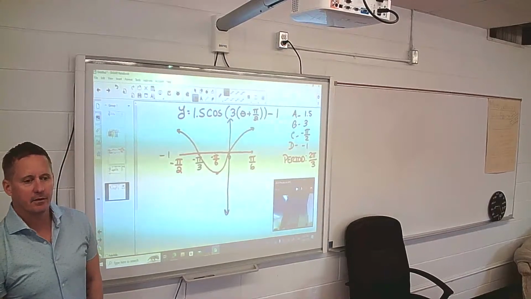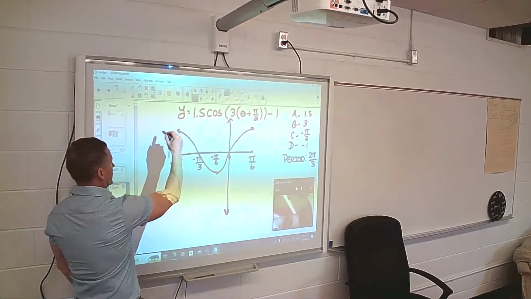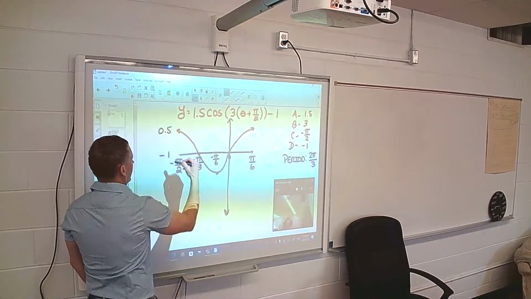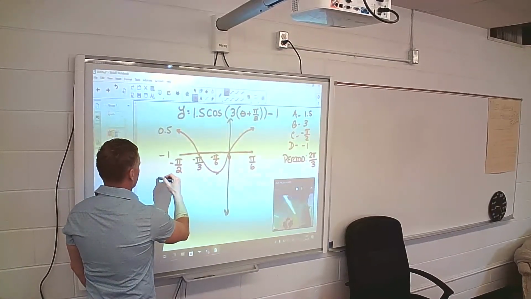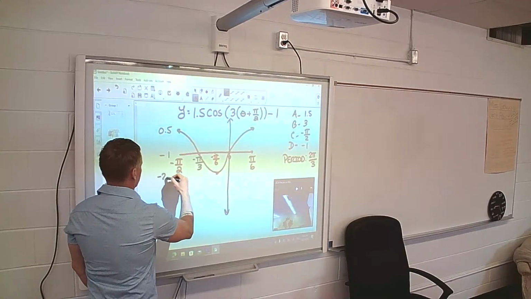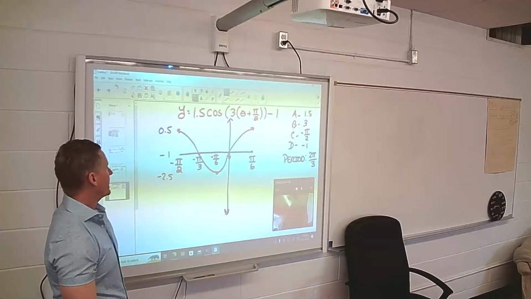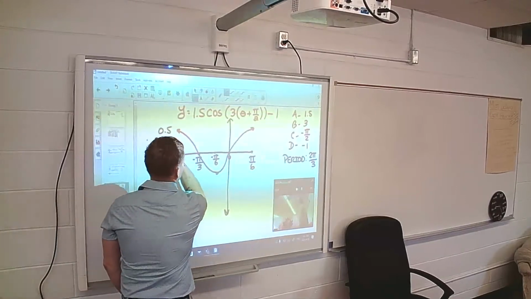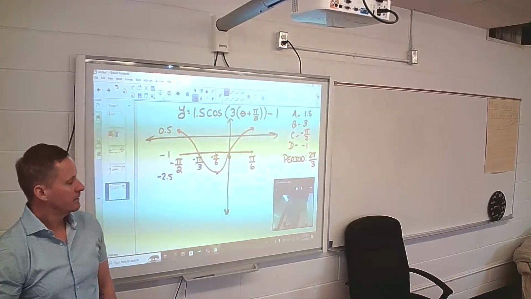What's my amplitude? 1.5. So that makes this 0.5 up here. And down here, what is it? Negative 2.5. So where does my x-axis go? Right about there. There's my graph.